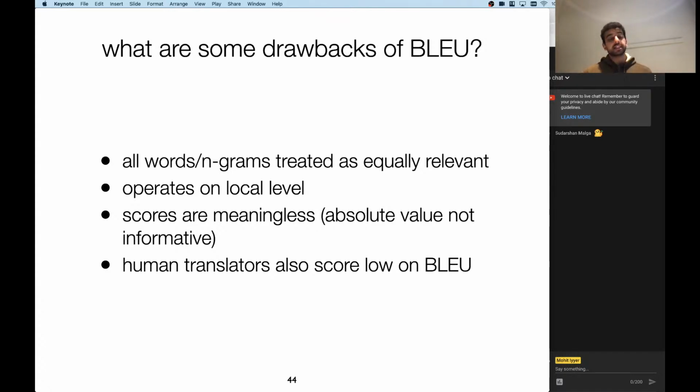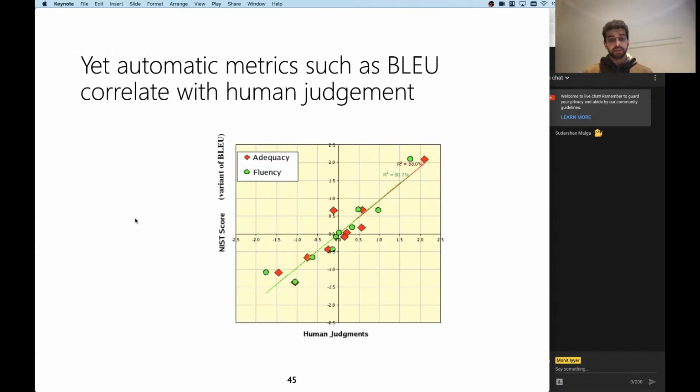It's kind of hard to know what the maximum achievable BLEU is. That said, even though it has many negatives, it does seem to correlate the BLEU score with human judgments of adequacy and fluency.